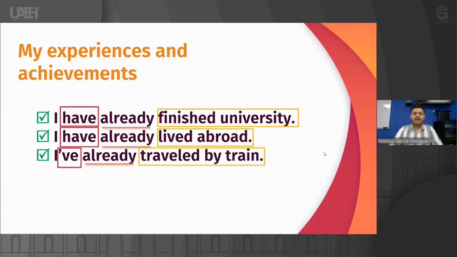They 3 end in ed, but be careful because not all of the time we're using ed, but we're using the past participle form of the actions. For example, eat, ate, eaten, sing, sang, sung. One more time, the action should be in the past participle when talking about our experiences and achievements.